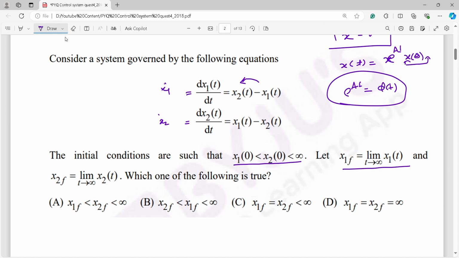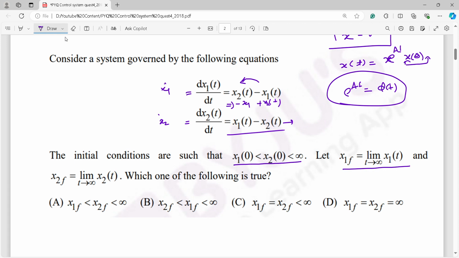If there is any confusion, you can also write this as minus x1 plus x2. This sequence is good, and we should be clear about this. It is a common mistake, so minus x1 plus x2.